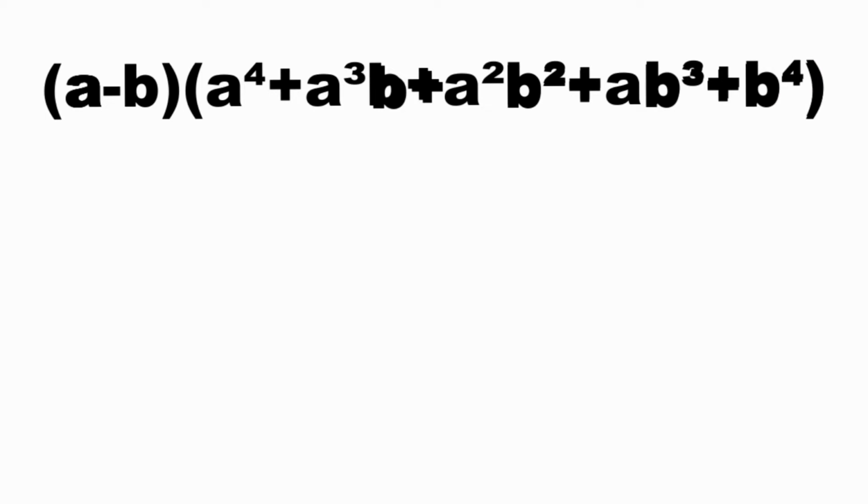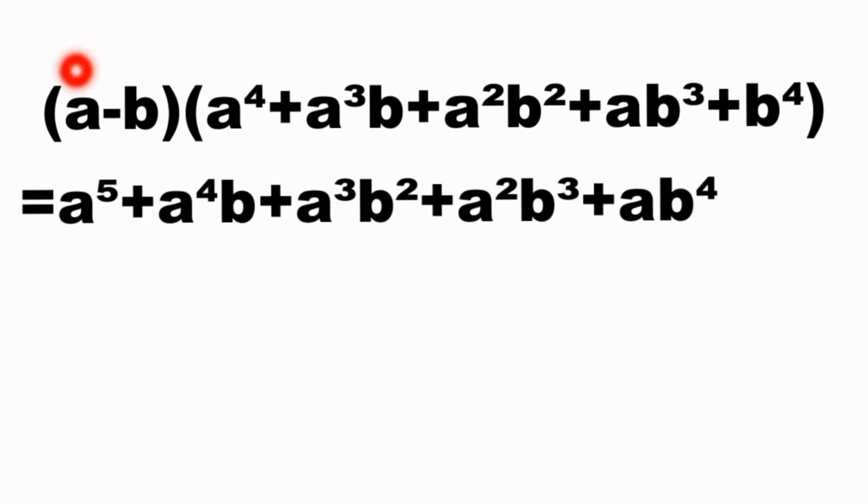So by distributing A, multiplying A to each term of this polynomial, we have A times A to the fourth is A to the fifth.